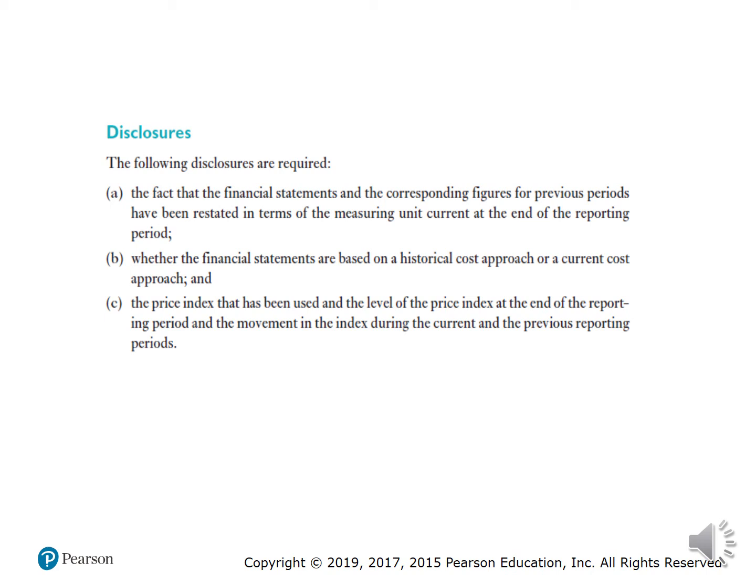And also, they should make it clear in their financial statement, in their annual report, in their notes, that the financial statement has been prepared based on historical cost or current cost. So which approach did they follow? If the financial statement is prepared based on historical cost, that is the original transaction.